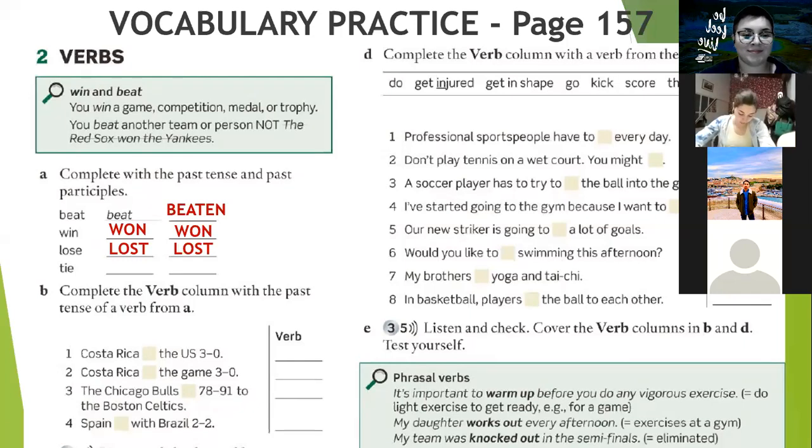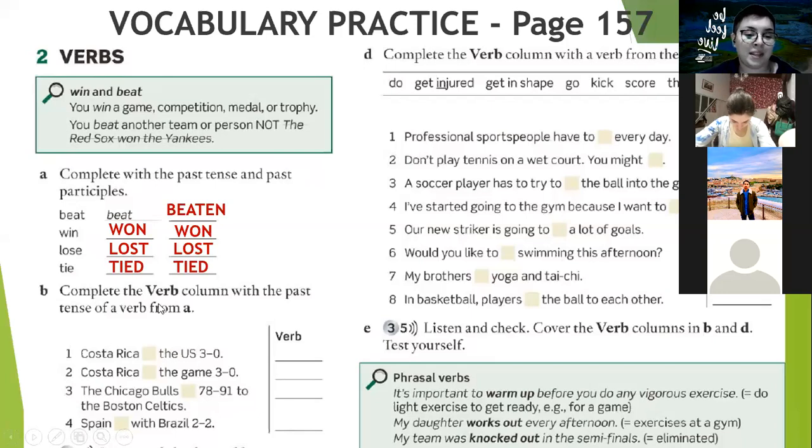The last one, tie. Tied. Perfect. And the past participle? Tied. Perfect. In both, I think. Okay, yeah. Well done. Great. So you can move on to the next one now.